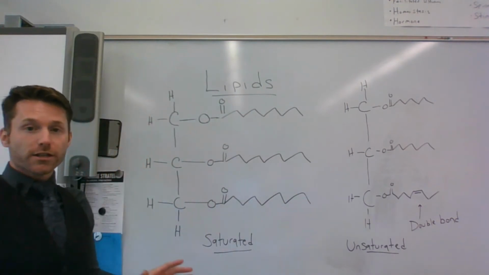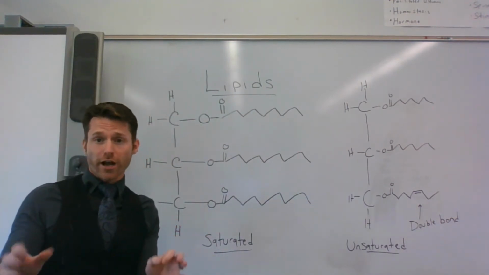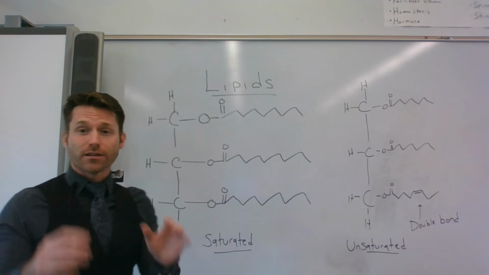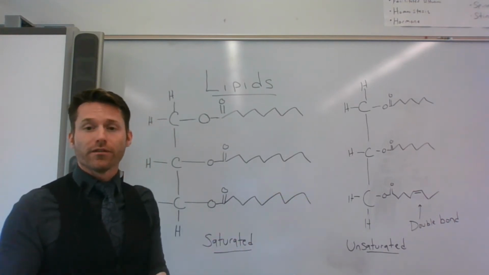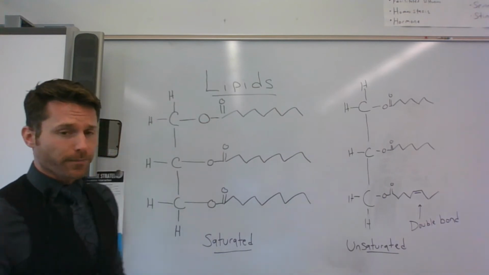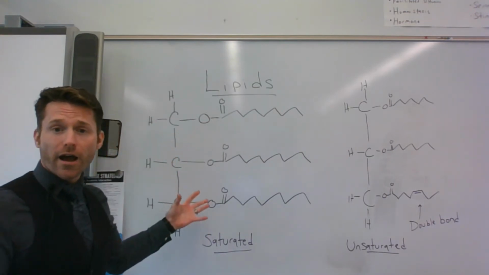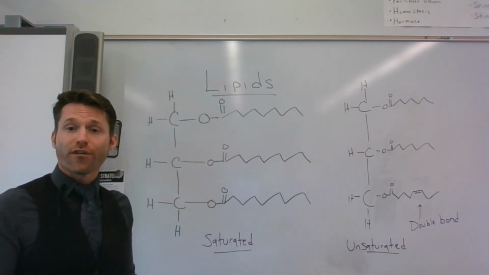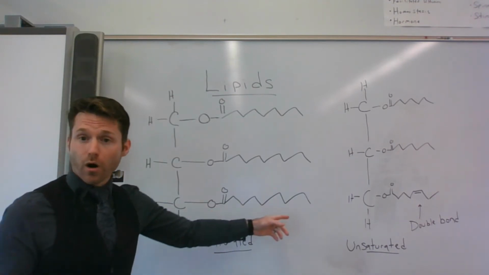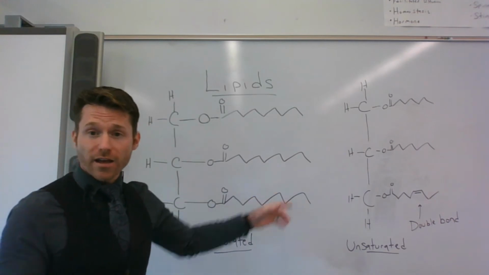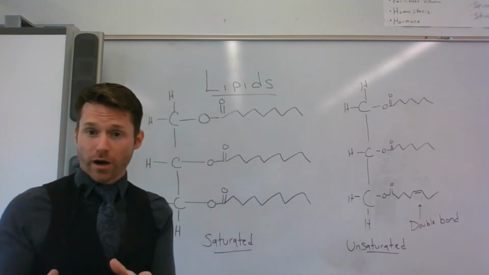Now the only difference between these 2 types of fats lies in the bonding of one of the particular regions of the fatty acids. So on this side, I have a saturated fat. Okay? And in saturated fats, all of the bonds within the fatty acids are single bonds.